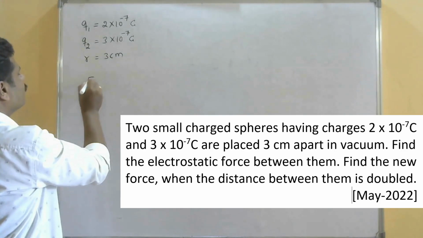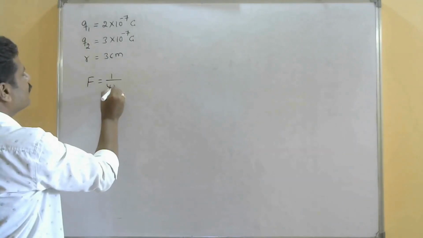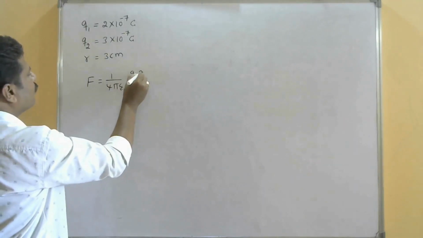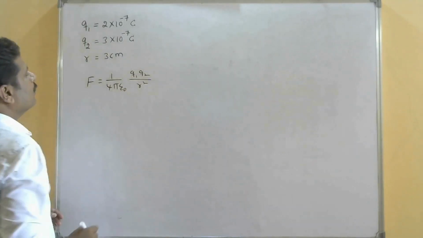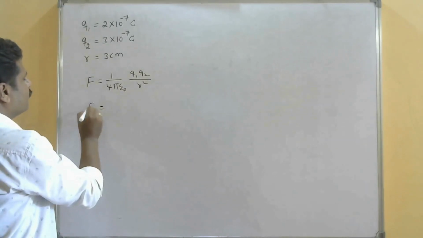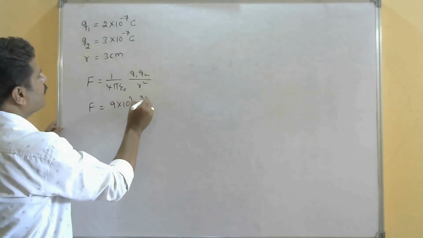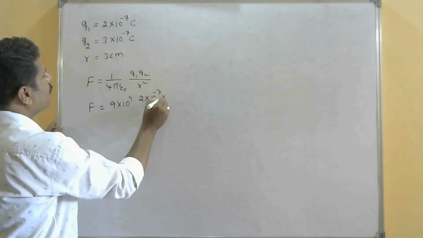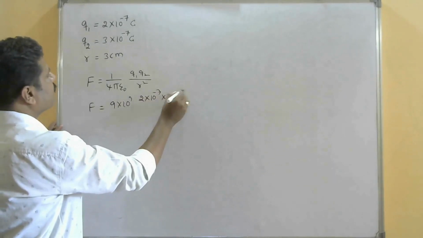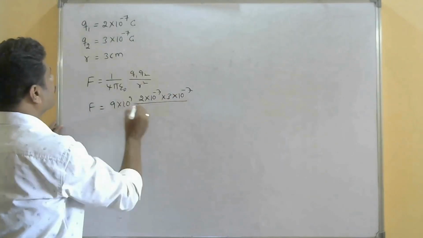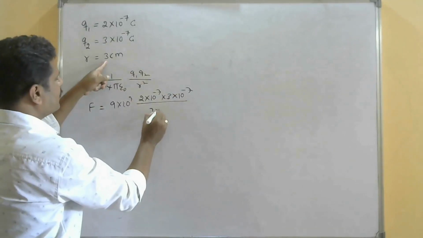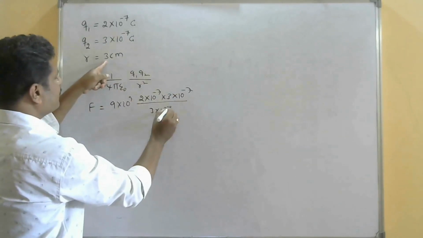From Coulomb's law we can take 1 by 4 pi epsilon naught q1 q2 by r square. On substituting the values, 1 by 4 pi epsilon naught is 9 times 10 raised to 9, q1 is 2 times 10 raised to minus 7, q2 is 3 times 10 raised to minus 7, divided by r square. r is 3 centimeter, so r square is 3 times 10 raised to minus 2, whole square, since centi means 10 to the power of minus 2.